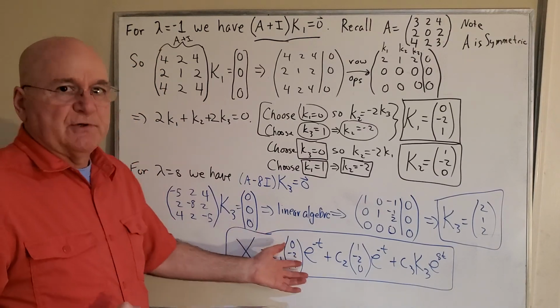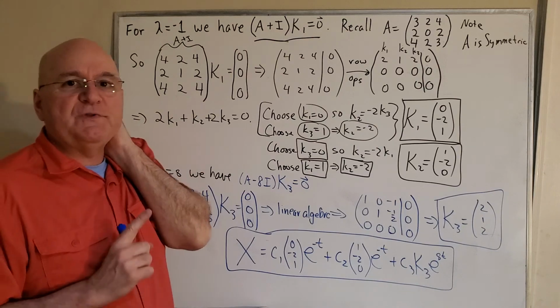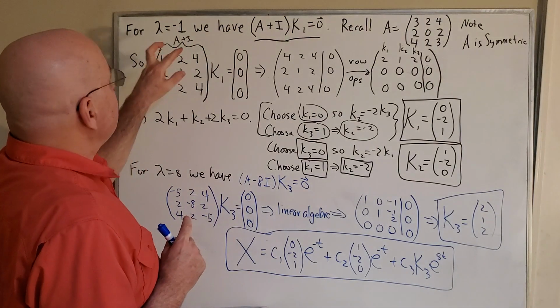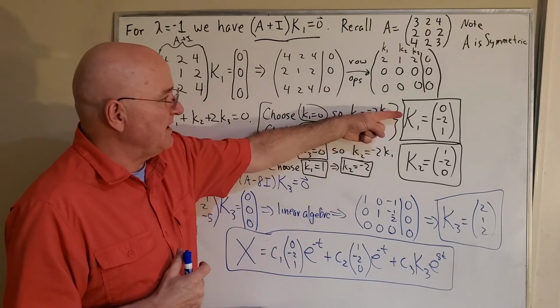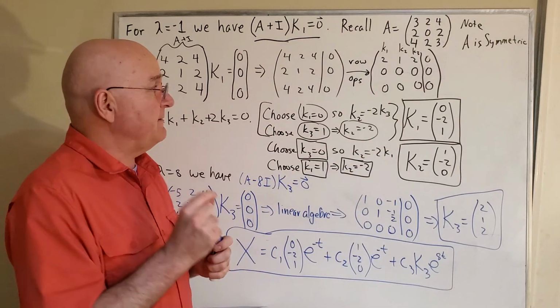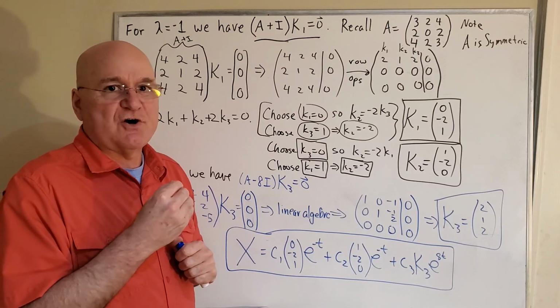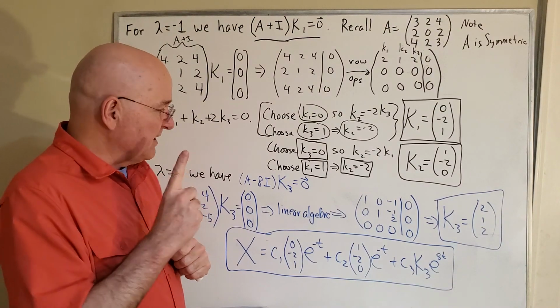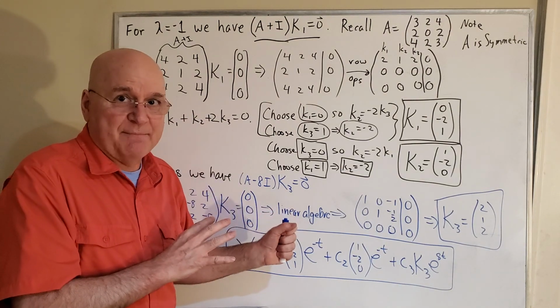It looks very similar to the previous one where we had distinct eigenvalues, but that is only because we were able to find two linearly independent eigenvectors, K1 and K2, both of them associated with lambda being -1. That doesn't always happen. So I'm going to close this video out by telling you a time that it will always happen.